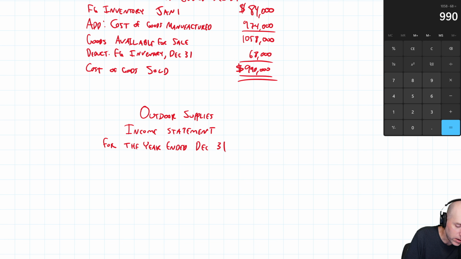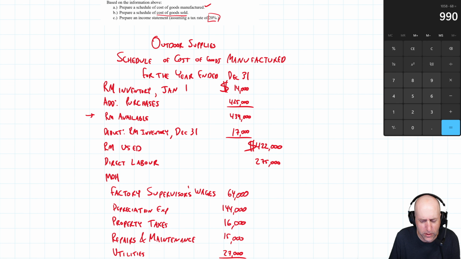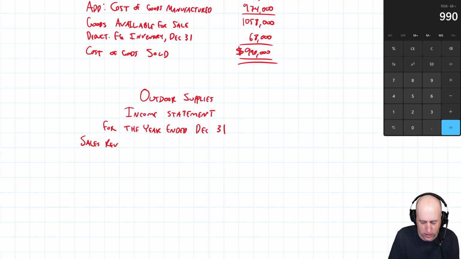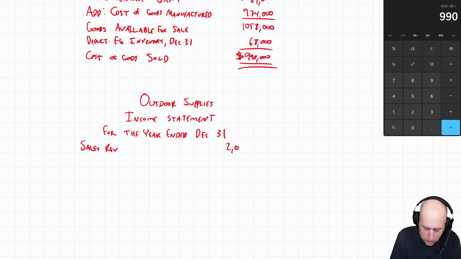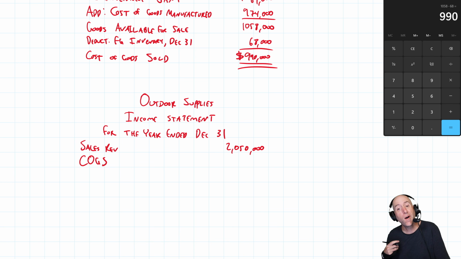For any manufacturer of products, this is going to start with sales revenue. There are things that can make it more complicated, like net sales, but for us, sales revenue is a reasonable starting point. You can see the sales revenue there, $2,050,000. The next line down after sales is always cost of goods sold, which we frequently abbreviate as COGS.